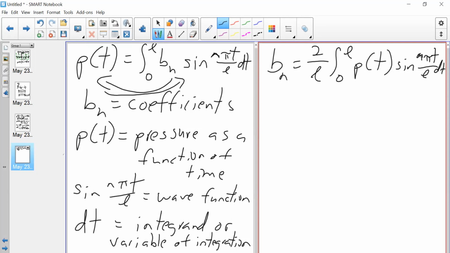But since our boundary conditions are 0 to L, we're basically in a box starting from 0 and going to the length of the box L, so we'll use this Fourier series equation to get our b sub n's. And those b sub n's will help us get all of the waves that make up that green wave function.